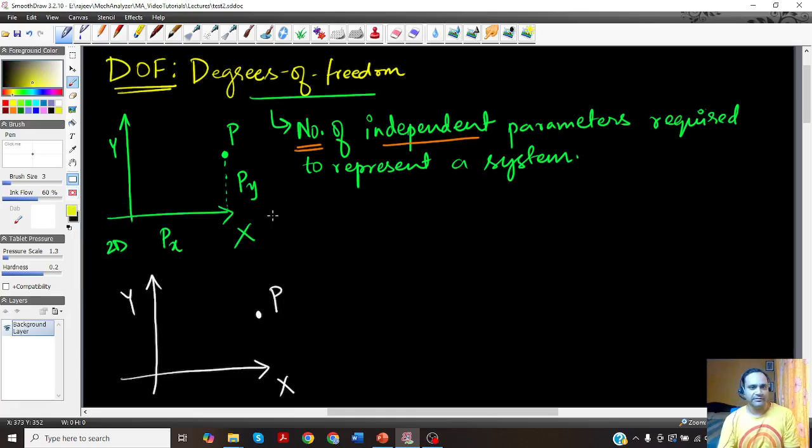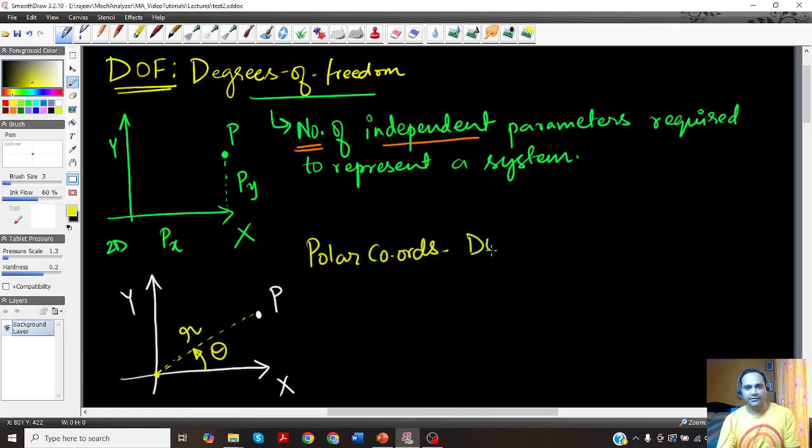One way is I can draw a line from the origin to that point P. So this particular length will be there, and what is the inclination of this line with respect to the positive x-axis in the counterclockwise direction. Here, if I give you this information, theta and r, you'll also be able to locate that point P. So this is represented as polar coordinates.